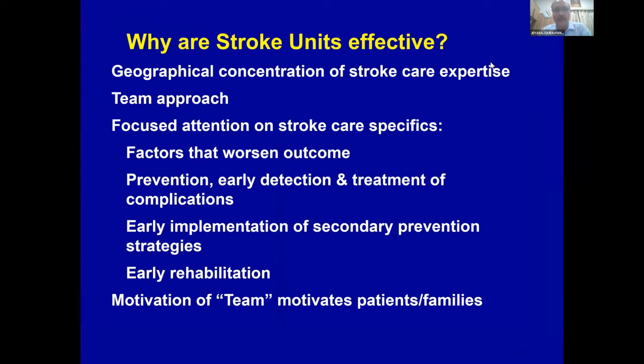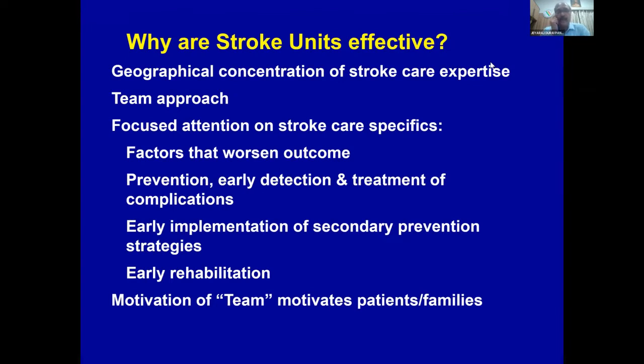For example, early prevention therapy, early detection and treatment of complications, early implementation of secondary prevention strategies, and early rehabilitation. And the most important thing is the team effort, doing it together along with the families. So that makes a stroke unit effective.